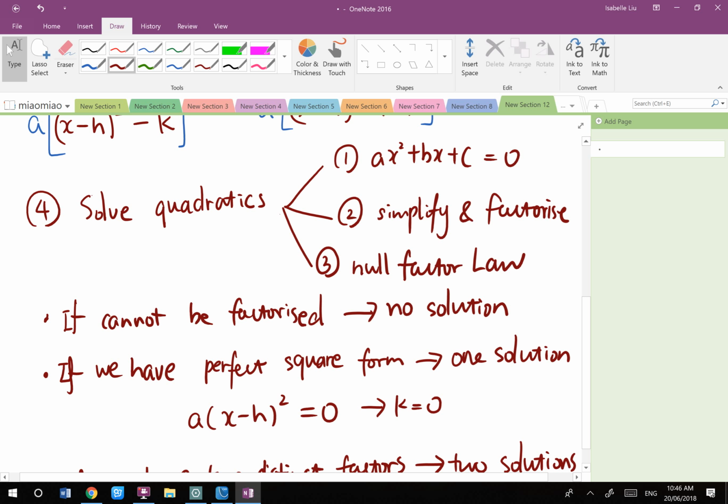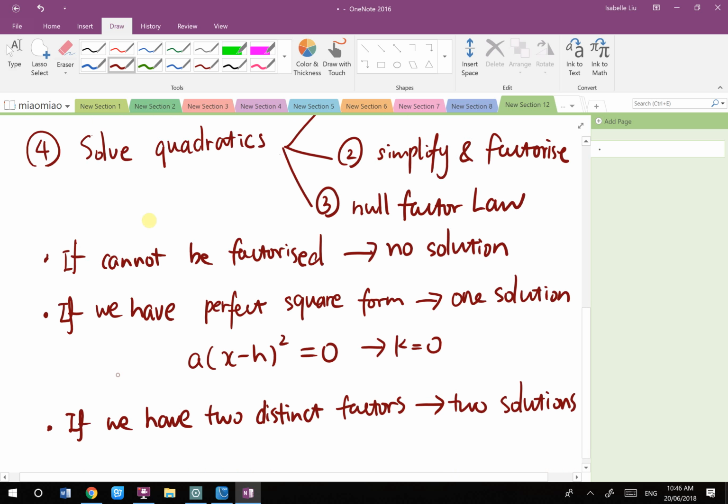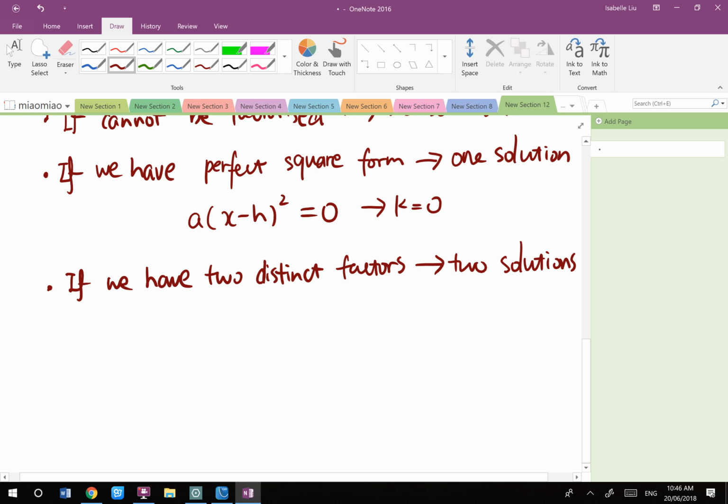We have two ways to solve it: factorize, and the second way is the quadratic formula.